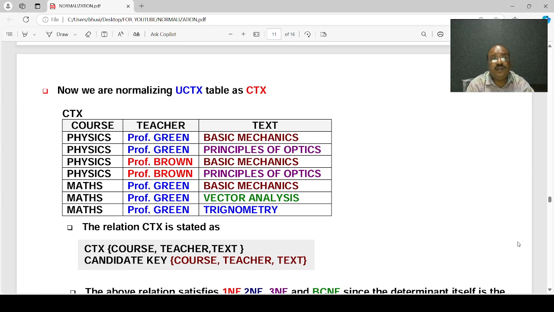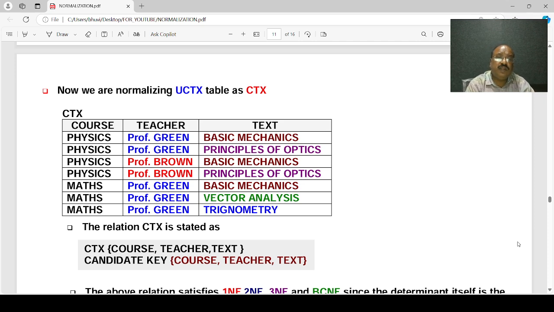If I consider teacher as key, Green and Brown values are repeated. Similarly, if I consider text, basic mechanics is repeated, principles of optics is repeated. Then we need to go for a candidate key. Now I'm identifying the key: course, teacher, text as the candidate key.